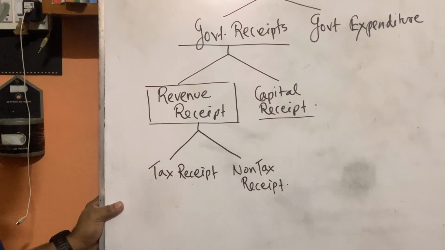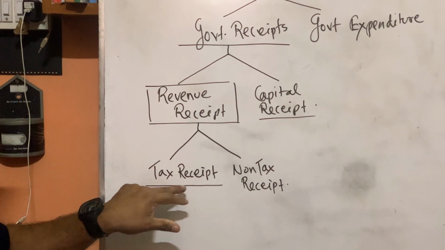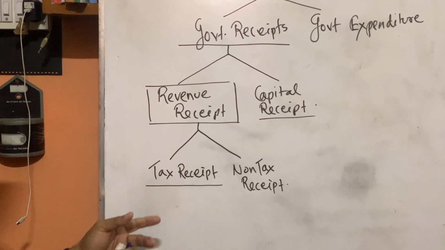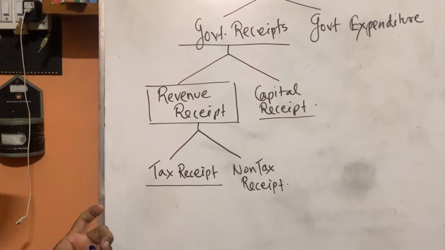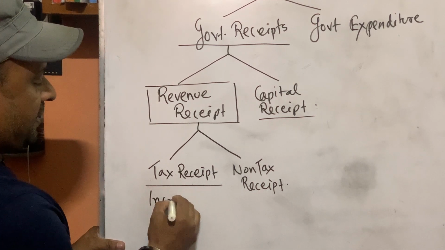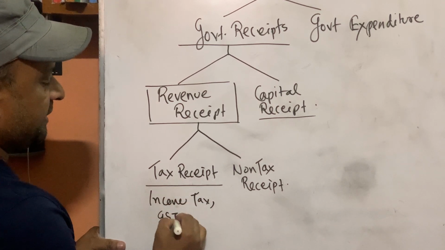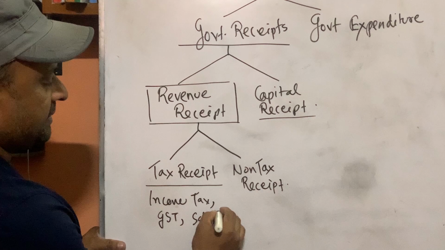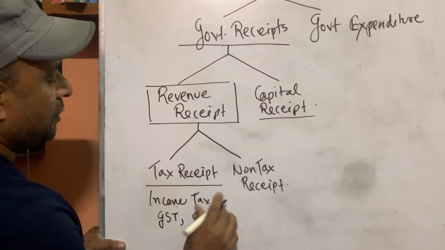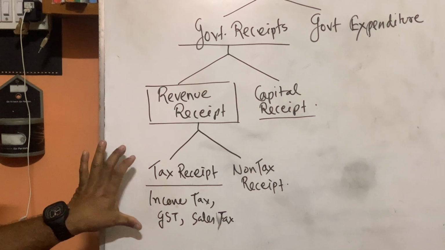Tax and non-tax. Tax means those compulsory payments of the public which everyone has to pay to the government directly or indirectly. This is tax receipt. Suppose income tax, sales tax, these all are tax receipts. Income tax, goods and services tax, GST, sales tax, excise duty, these all are taxes of the government, which a government gets from tax receipt.